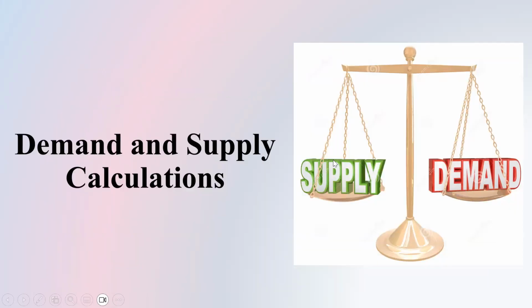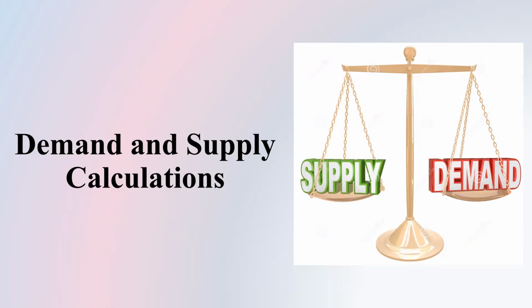When we consider demand and supply, we already have an idea about what is meant by demand and what is meant by supply, right? So demand is actually the willingness and ability of the consumers. The demanders are the buyers, the consumers.